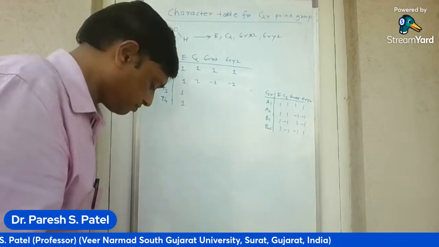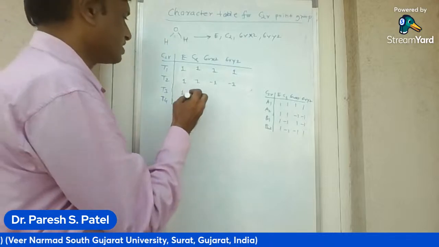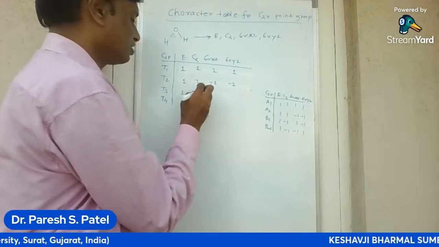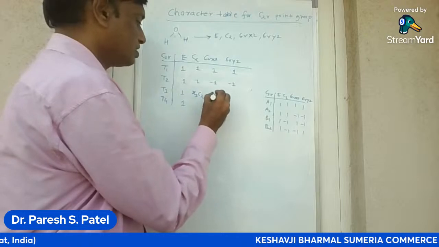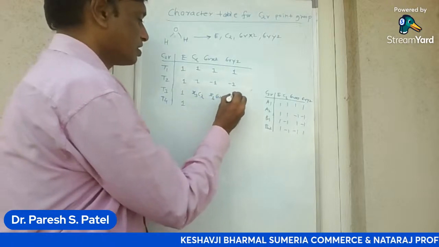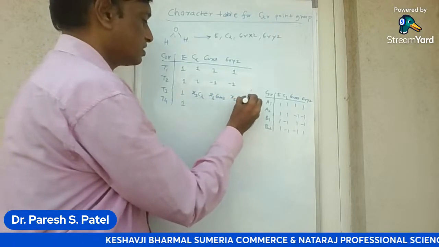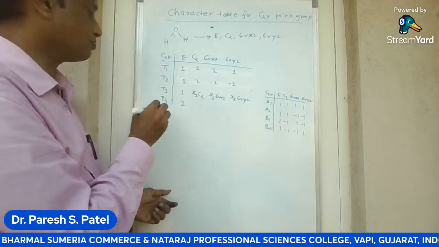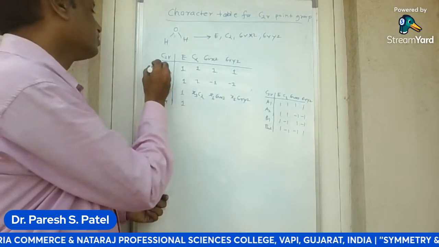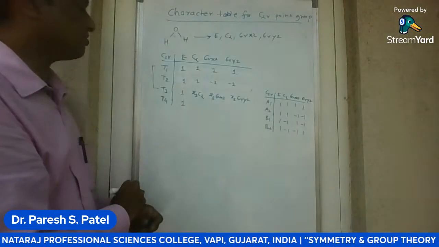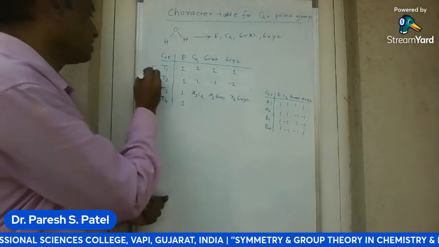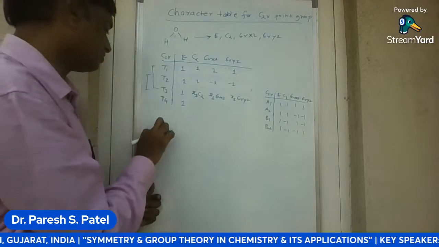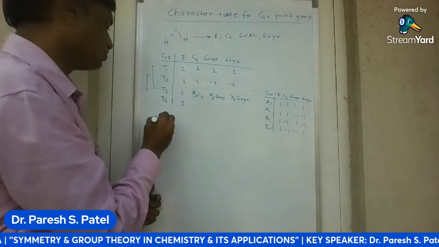Now to get the third irreducible representation, character 3 sigma, C2, character 3 sigma v xz, character 3 sigma v yz. Again, characteristics number 4. First of all, we have to go for the T1, T3 or T2, T3. So first T1 and T3. So 1 into 1 into 1.